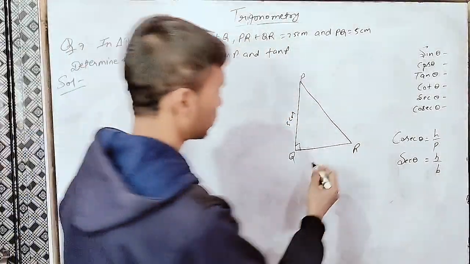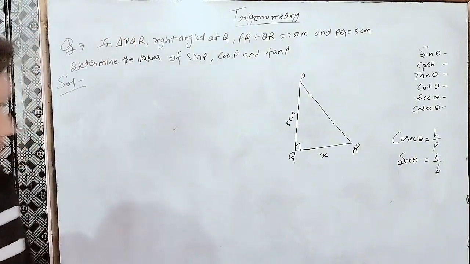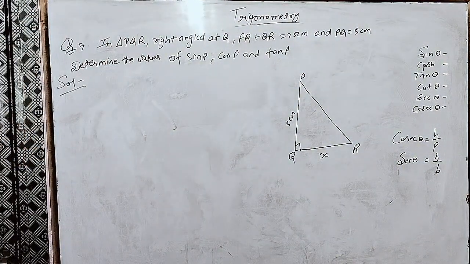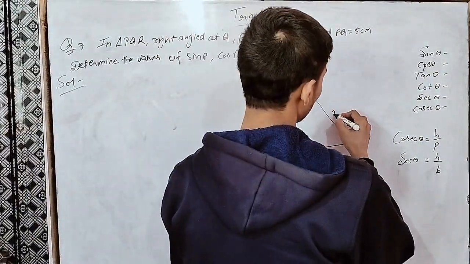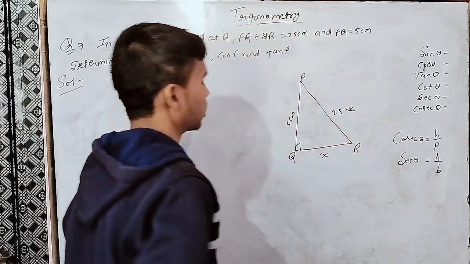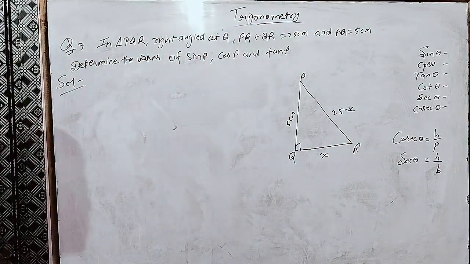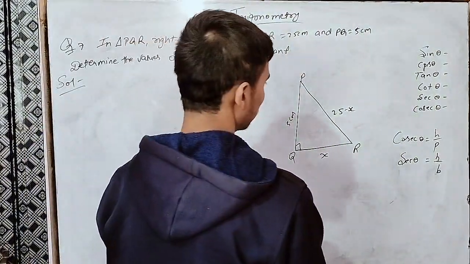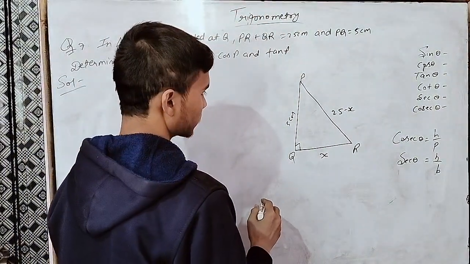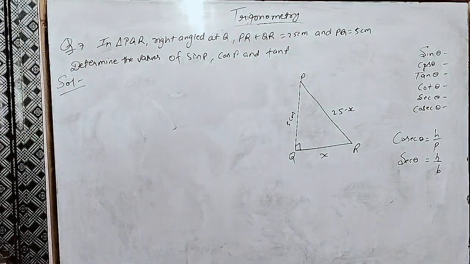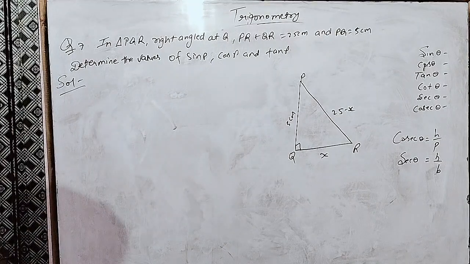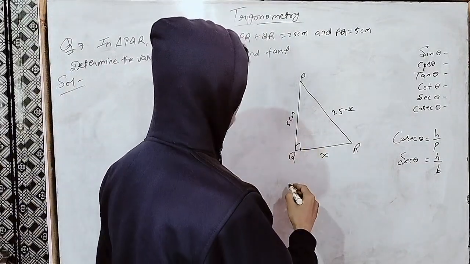Let's say this is x, the base is x, and the hypotenuse is 25 minus x. Hypotenuse is 25 minus x. Now let's find the value. How to solve? Here we have to find the value of x.